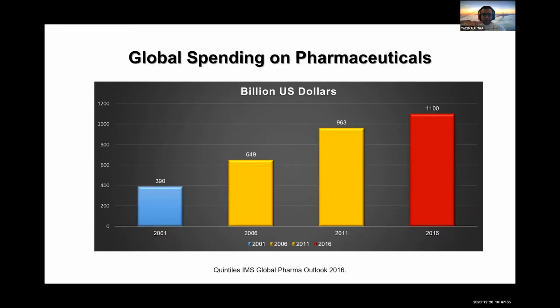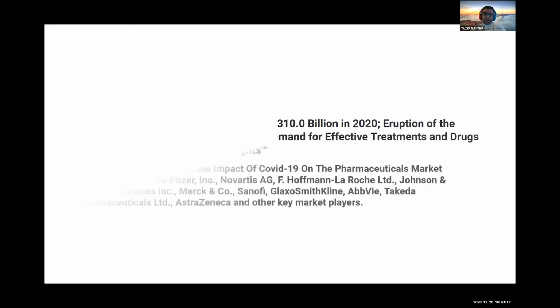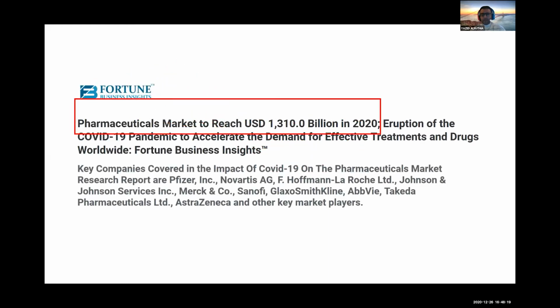So how much are we spending on pharmaceuticals? If we look 19 years back, we were spending globally $390 billion in the year 2001. This figure was projected to be $1 trillion and $100 billion in 2016. Guess what? Did we reach that figure? I bet we exceeded that figure significantly.